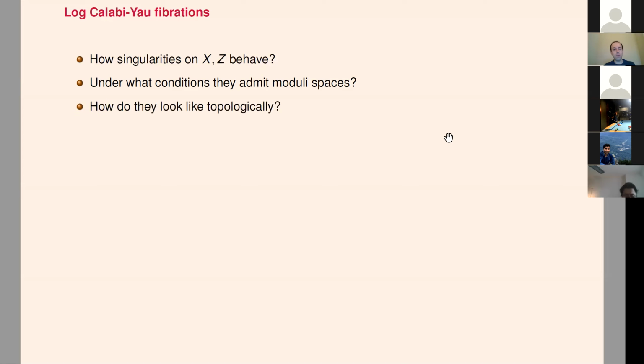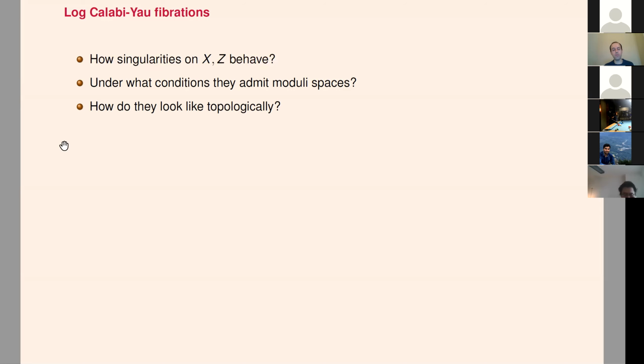And you can also ask topological questions. Again, you have to put some restrictions first, to take some subset of this whole set of Calabi-Yau fibrations, not the entire set, so that you get something interesting. Then you can say how the topology behaves. For example, if you have Fano, what is the topology there?